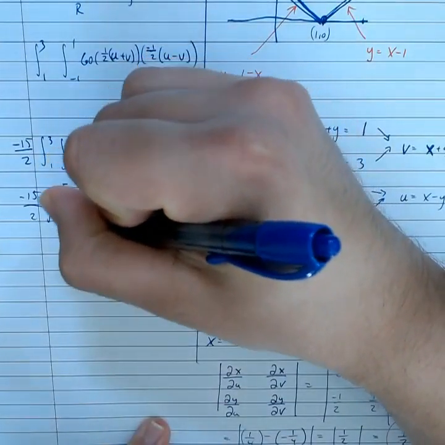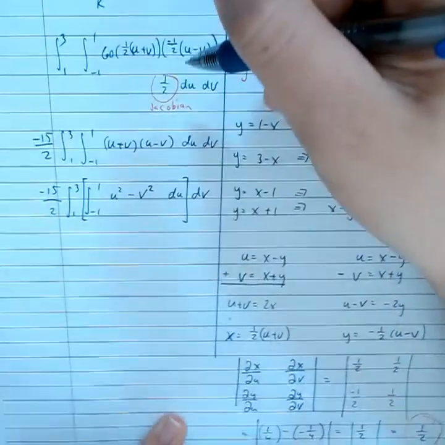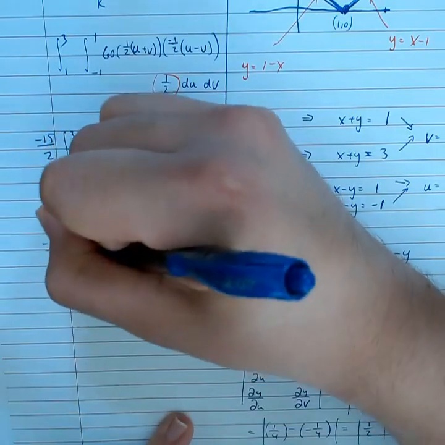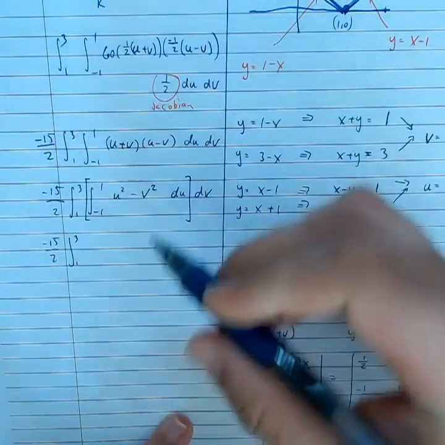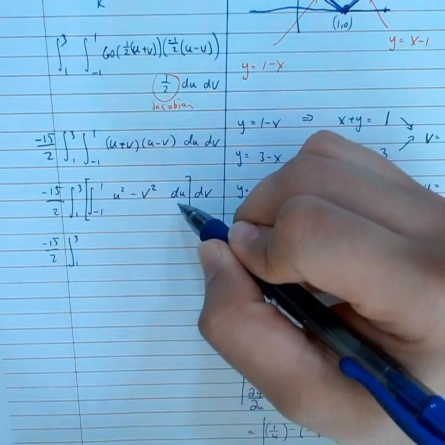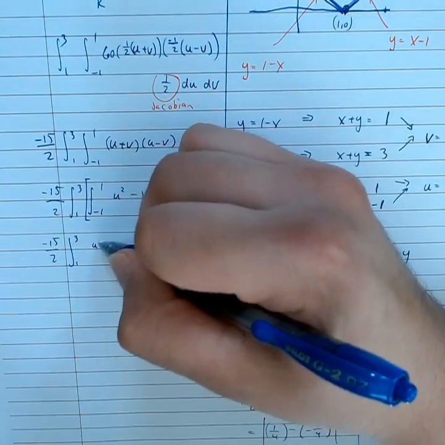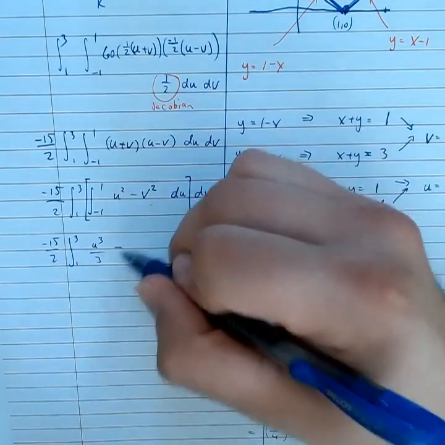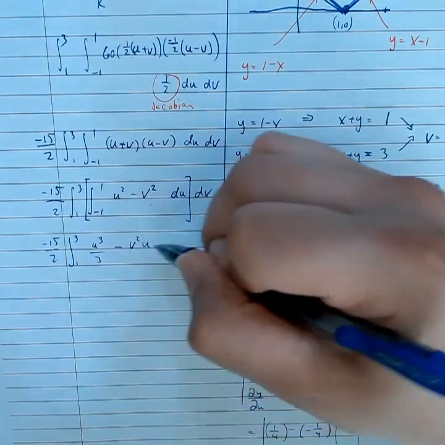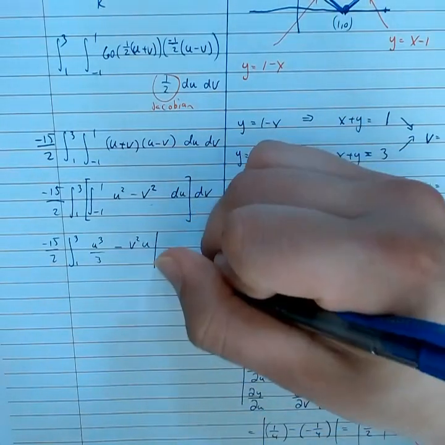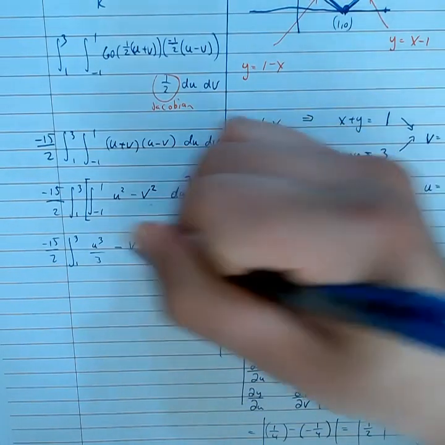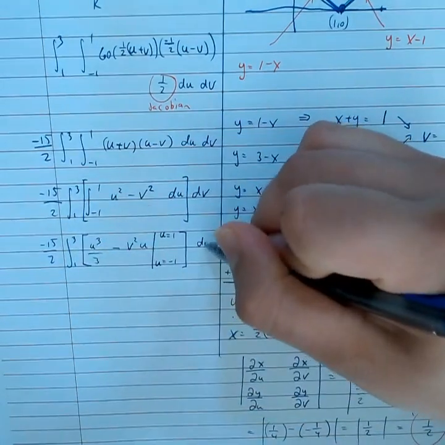Let's go ahead and do this part first. That would be, let's see here, negative 15 halves, the integral from 1 up to 3 of, if we're taking the integral with respect to u, that's now u to the third over 3, minus, that's a constant, so that's just the constant times the variable u, evaluated from u equals minus 1 up to u equals positive 1 dv.